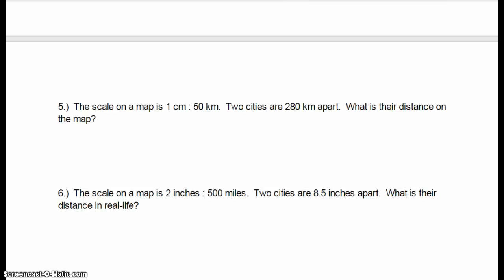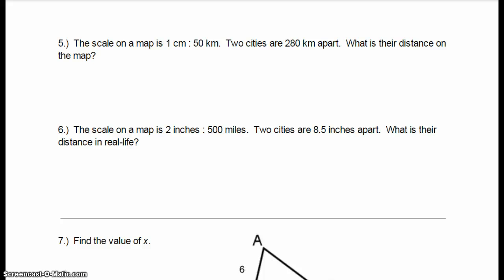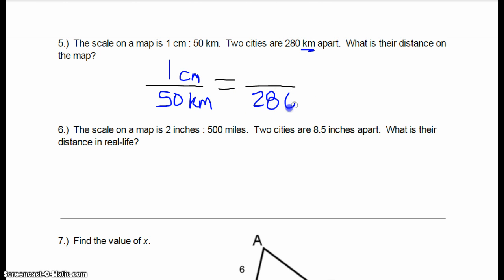Moving on. These scale problems should be a slam dunk. Just make sure you put in labels. The scale on the map is 1 centimeter to 50 kilometers. It says 2 cities are 280 kilometers apart, which means, since I'm using labels, I know where to put that number in my other ratio.